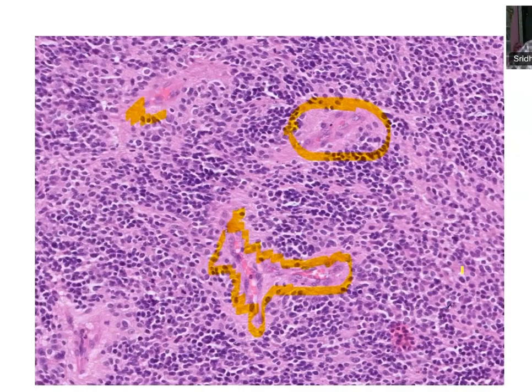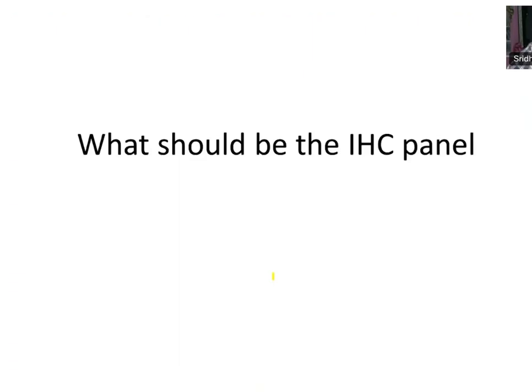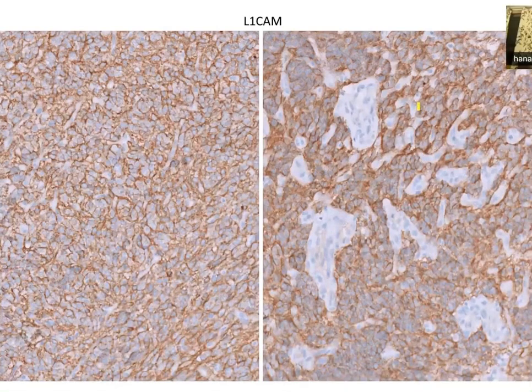So with this, your first differential would be? Supratentorial ependymoma. What are the two groups of supratentorial ependymoma? We have ZFTA fusion and YAP1 fusion. Is there any IHC surrogate for anything? Yes, sir. L1CAM. It is positive in ZFTA. So what is this one marker?